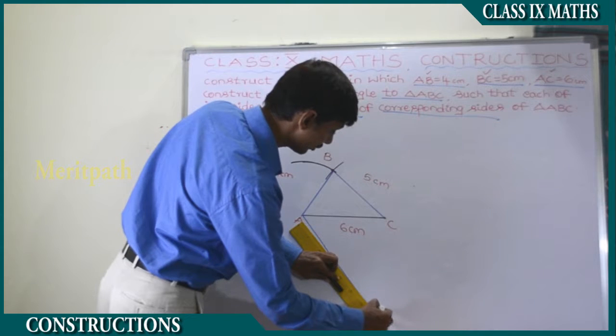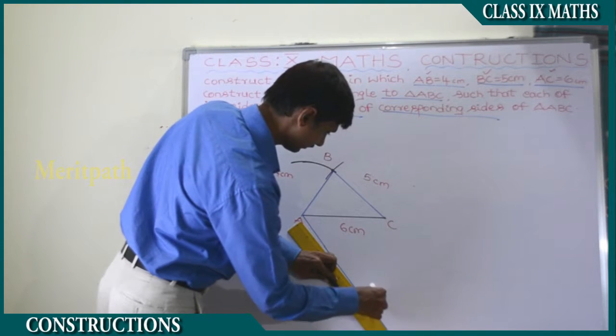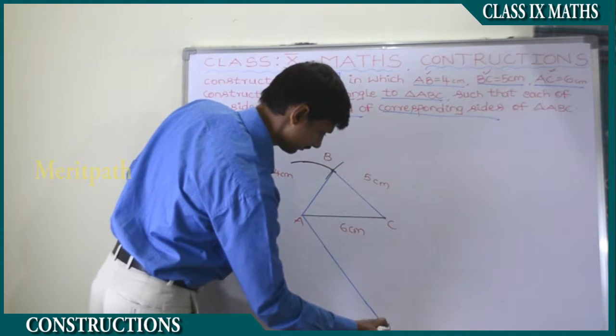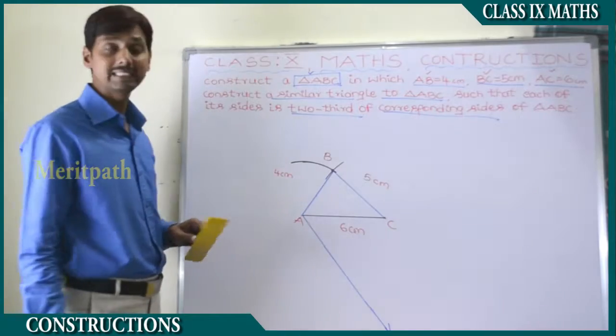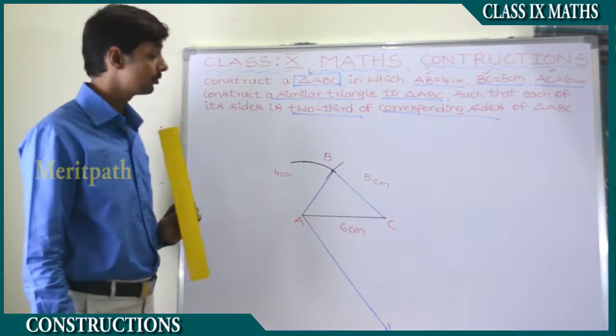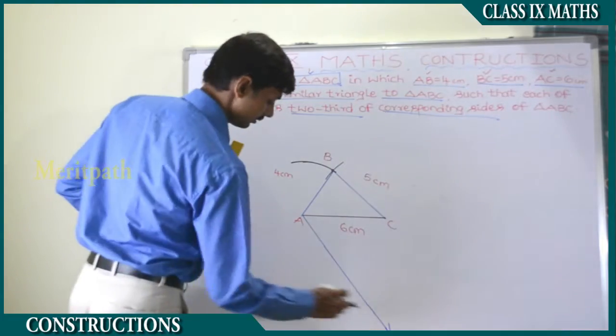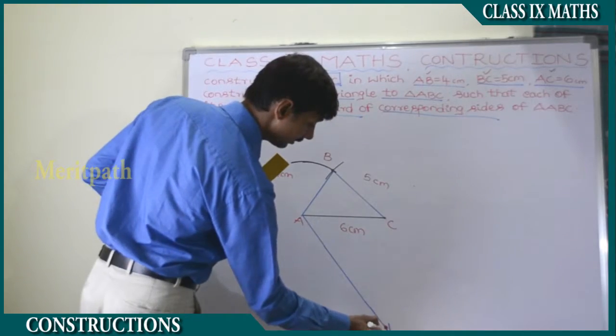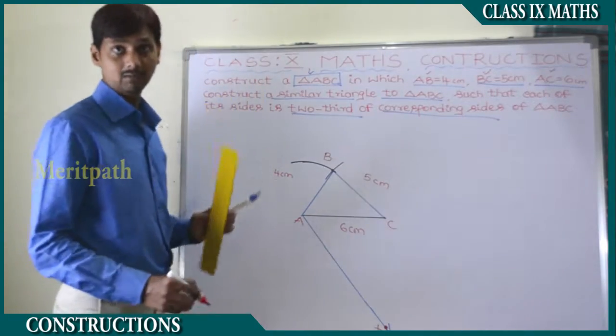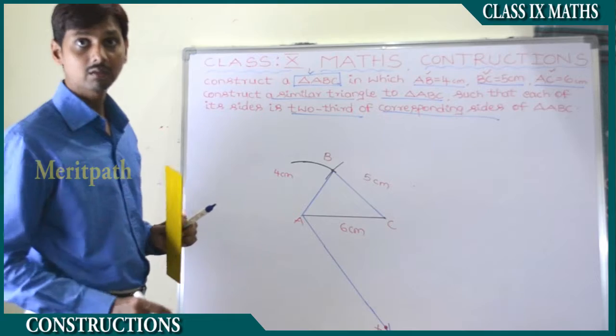So this is an acute angle for the side AC we have taken. Let's name it as X here because it's an array. Acute angle is formed.